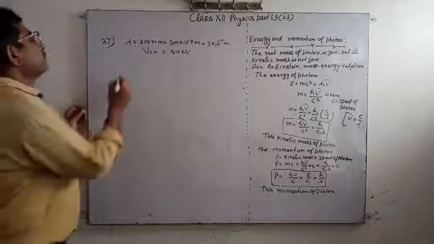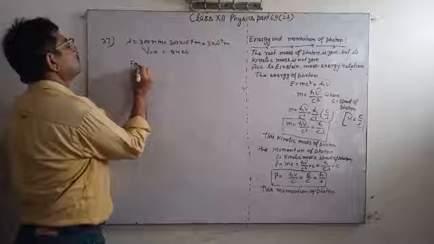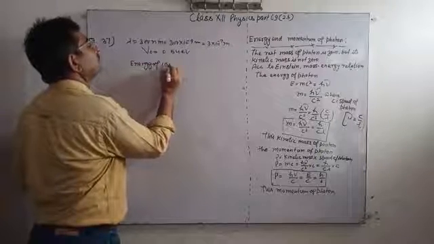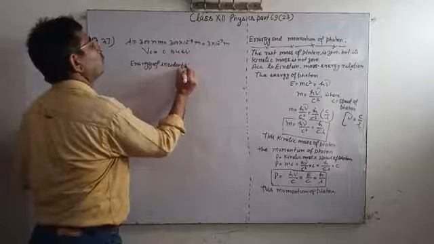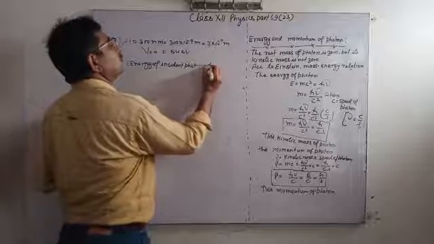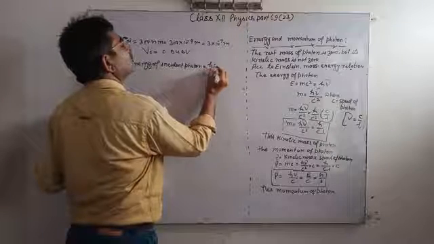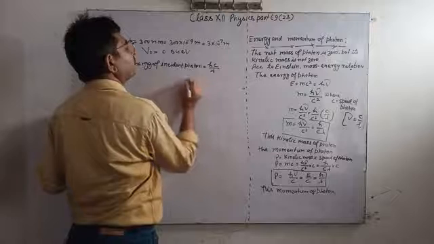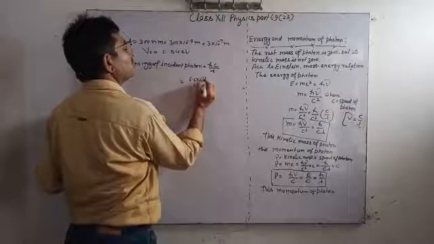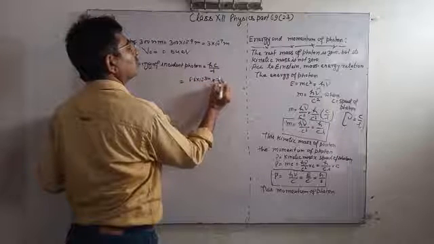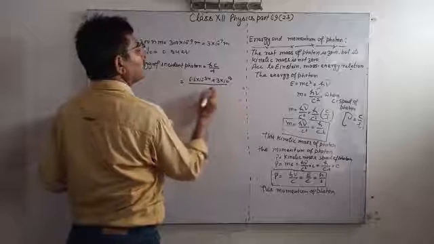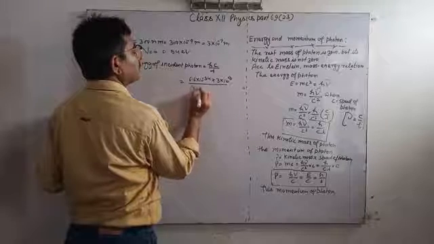Energy of incident photon, that equals h c by lambda, that may be written h, 6.6 into 10 power minus 34, into 3 into 10 power 8 upon lambda, that is 3 into 10 power minus 7.